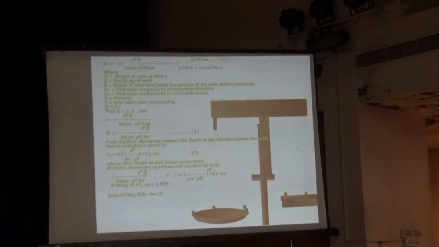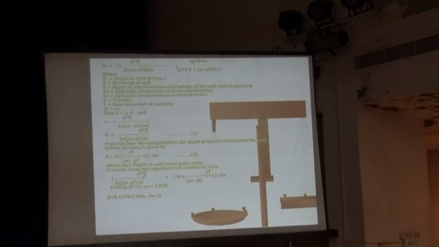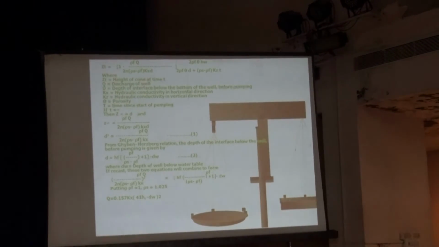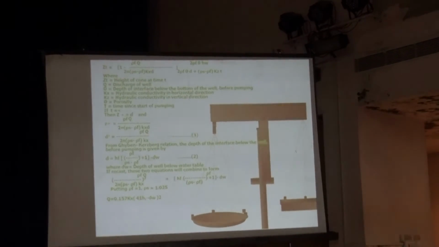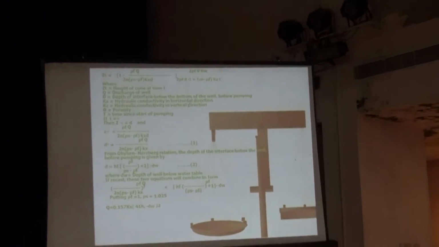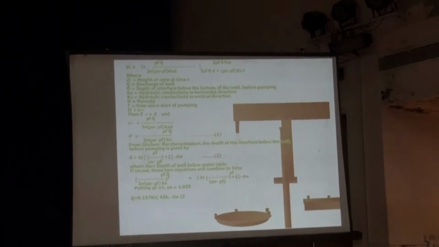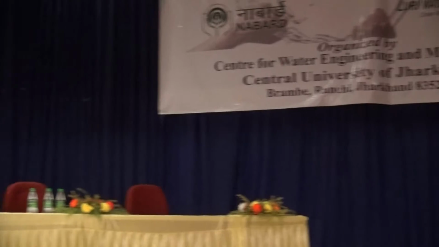So here, if the discharge exceeds this permissible discharge, this is the critical discharge at which the top of the upconing is just at the base of the well. So any discharge greater than this, the deep tubewell will start pumping out saline water, which we don't want.